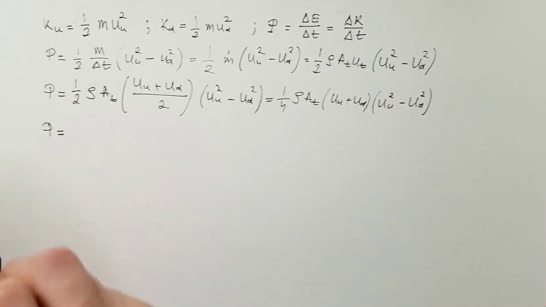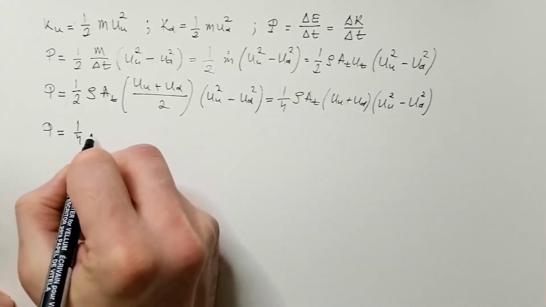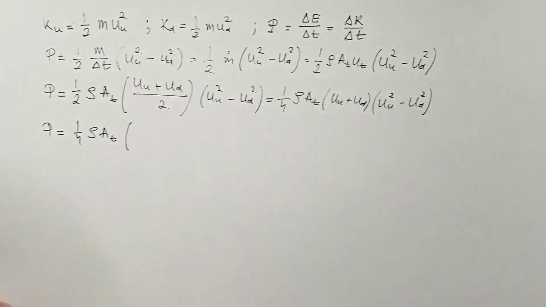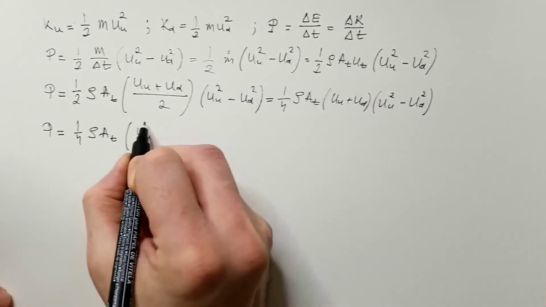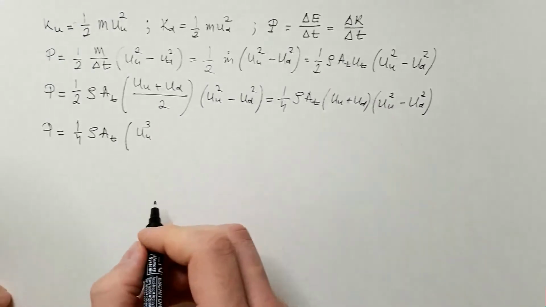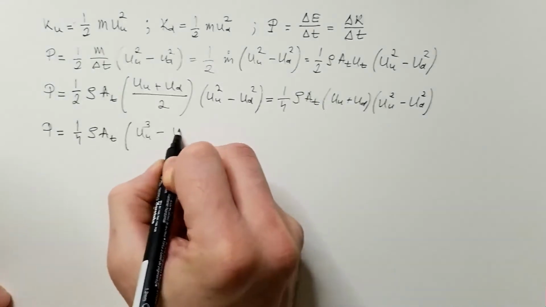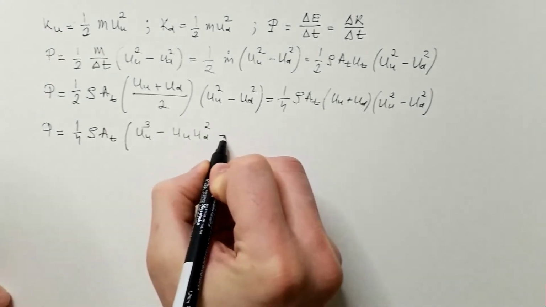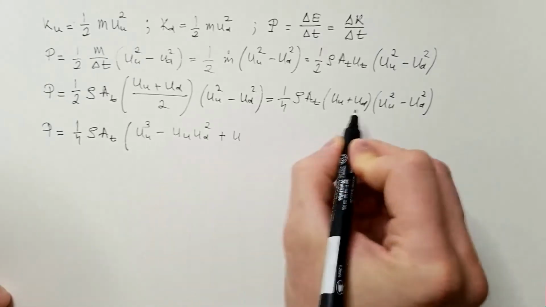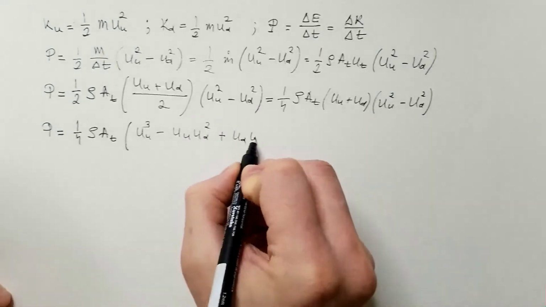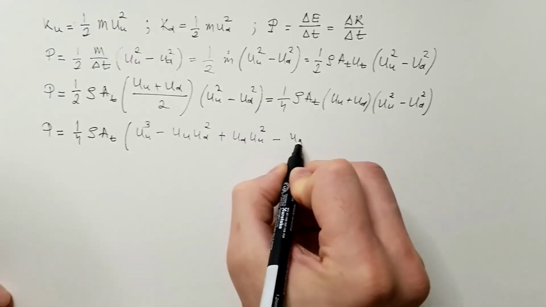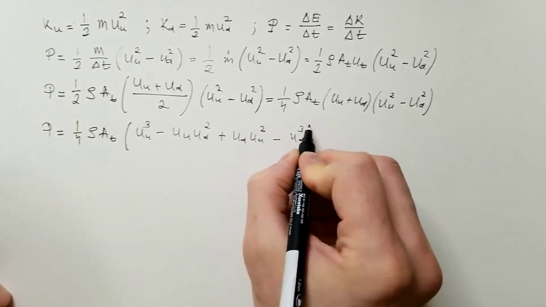Or power is equal 1 over 4 rho A_T. Now I multiply these two terms. That's simple. That should be U upstream cubed minus U upstream U downstream squared plus U downstream U upstream squared and minus U downstream cubed.